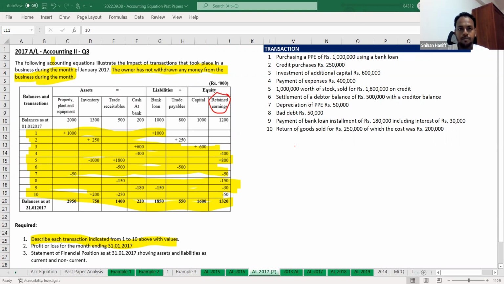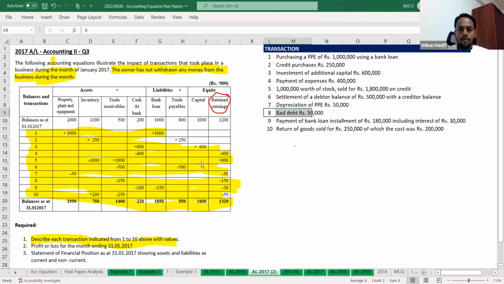There is a question. Is there any other name for return outwards? Return outwards means purchases return. Return inwards means sales return. Can you explain the eighth one?